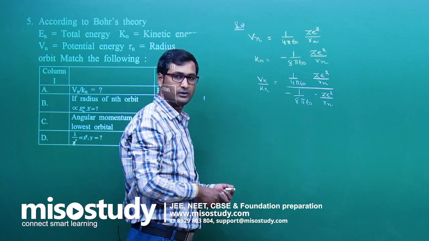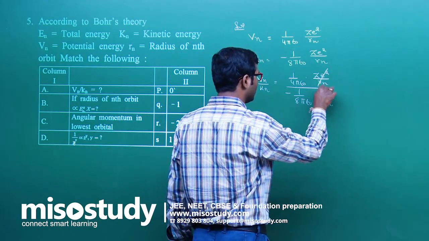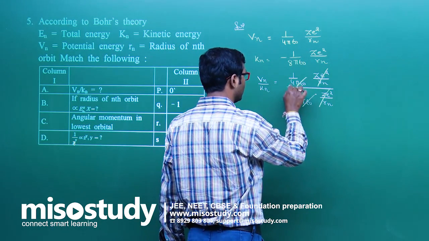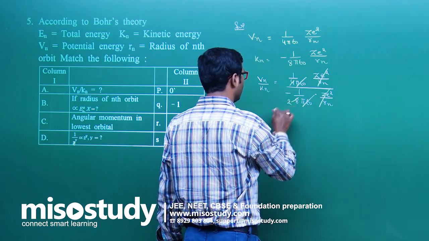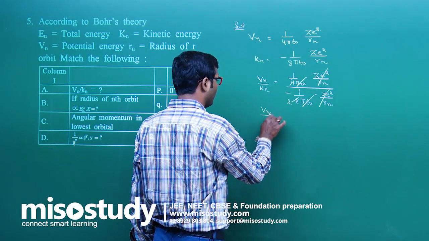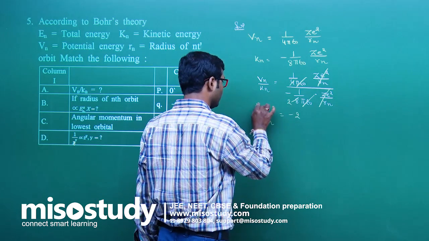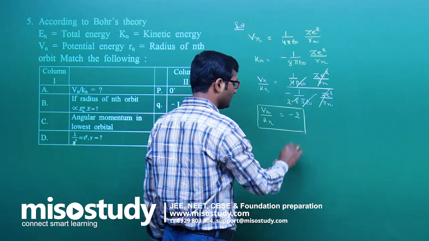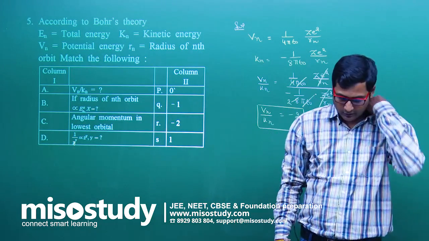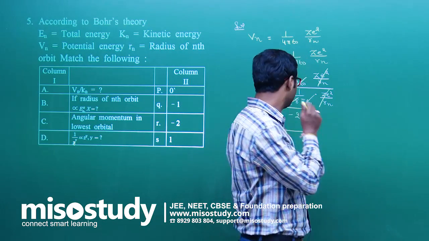Is it clear to you? Now what will happen? This will cancel this one, this will cancel this one, and 4 to the 8. So Vn upon Kn will be equal to minus 2. Am I right here? Check the thing.